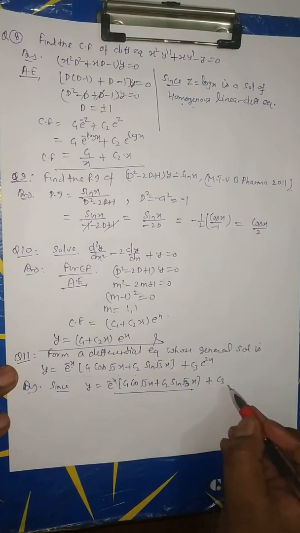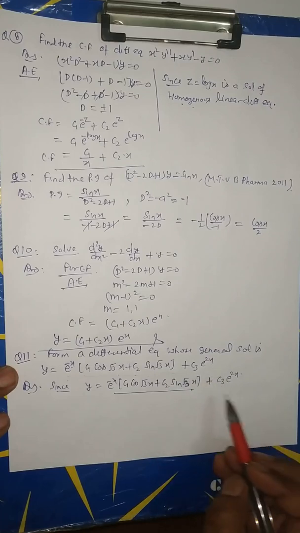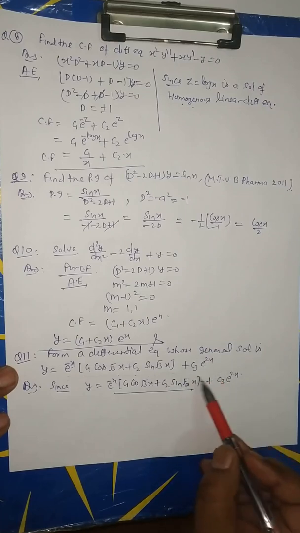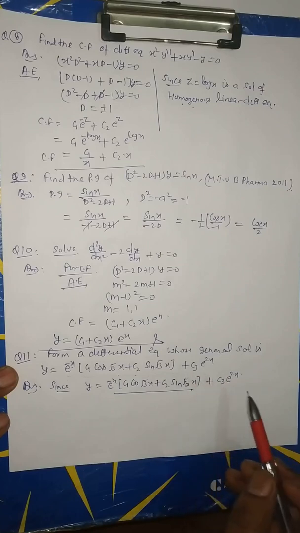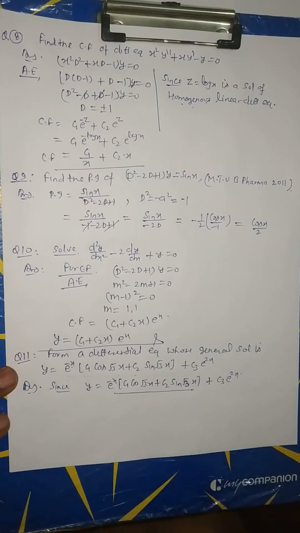Plus c3 e to the power 2x. This is the other CF part, which is written due to D equal to 2.